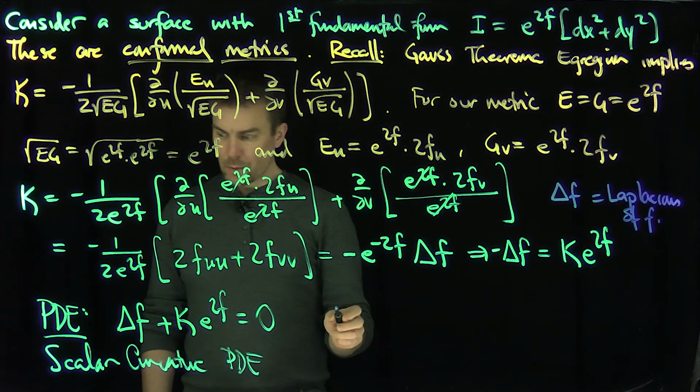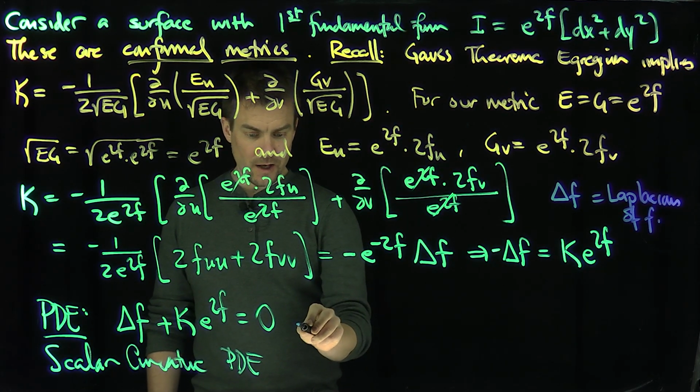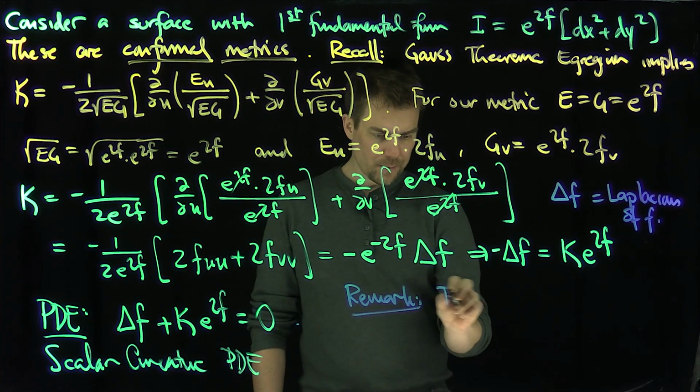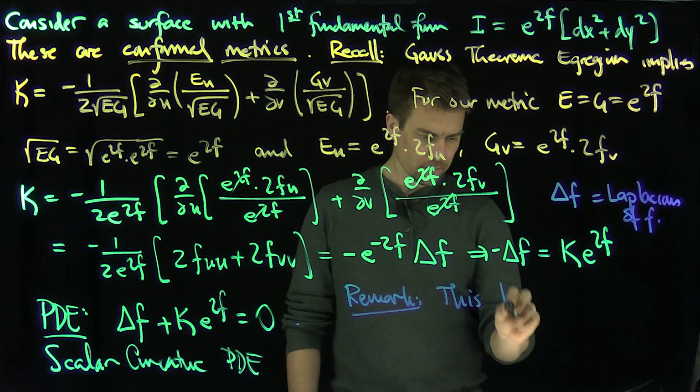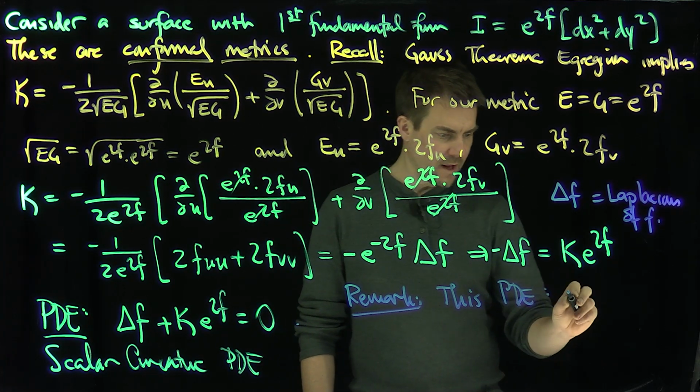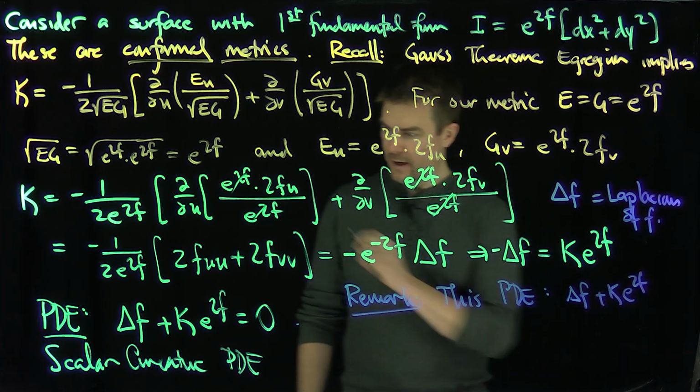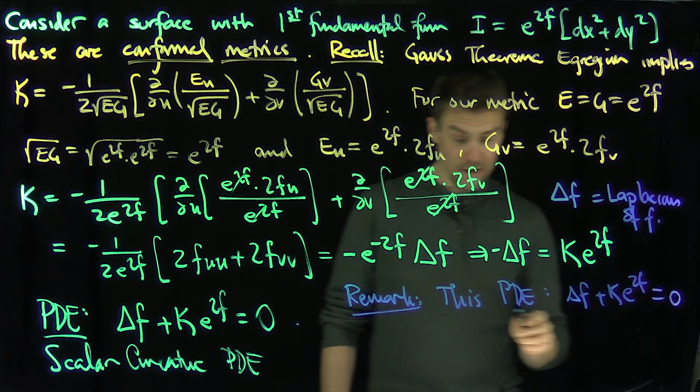Okay, and so the one thing to know about this PDE, namely the Laplacian of f plus curvature times e to the 2f equals 0, is that it is nonlinear.